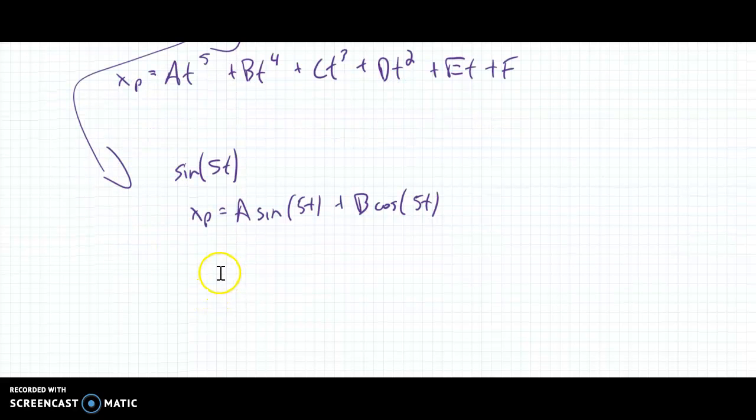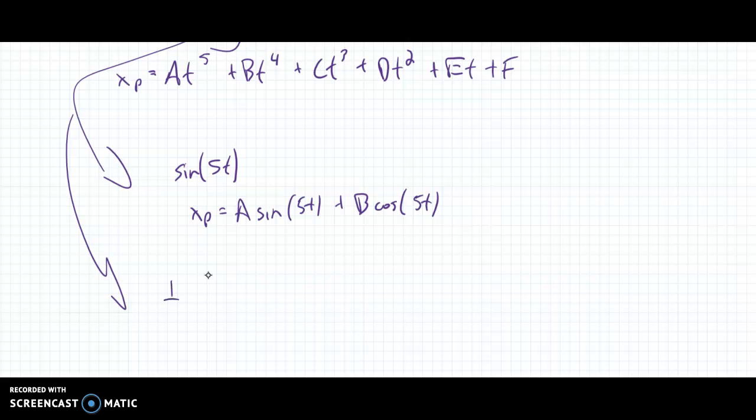So let's look at one more. Say instead of t to the fifth, I had 1 over t. That would be a problem. Why is that? Imagine taking the derivative of 1 over t until it A, repeats, back to a function it's already been, doesn't matter what the coefficient is, or B, goes away.